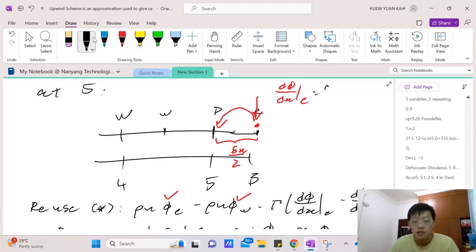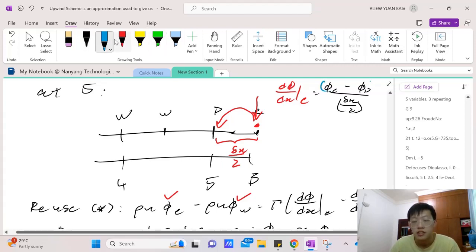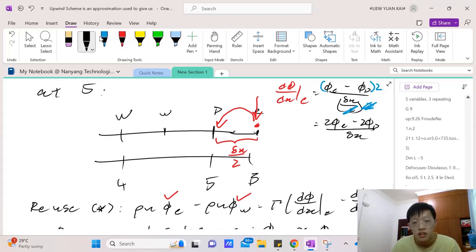So you can simplify this. You can multiply the top and bottom by 2. So this 2 can cancel, and then you expand the top, you should get 2 phi e minus 2 phi p. And now we also want this, but evaluated at west.